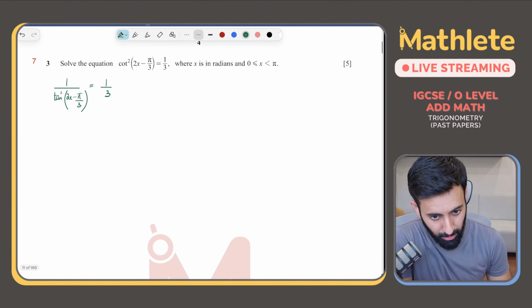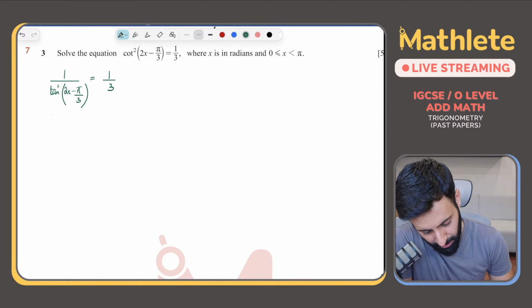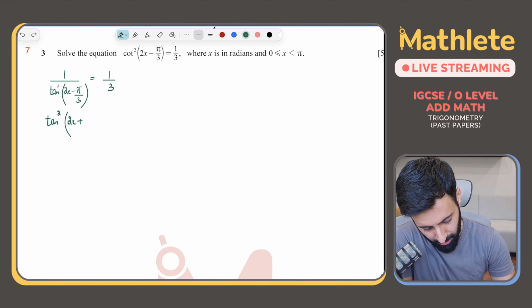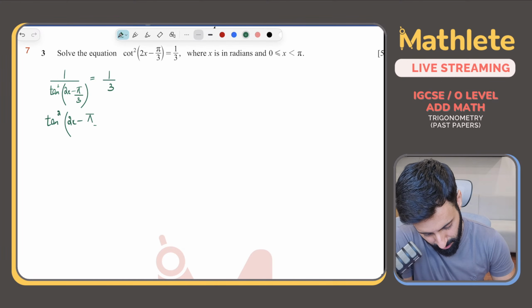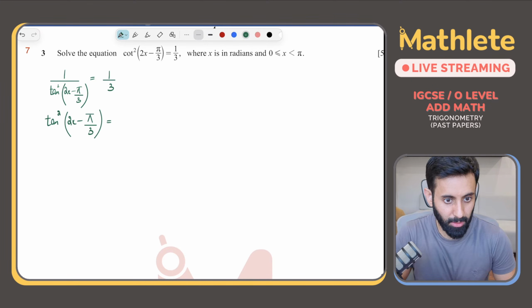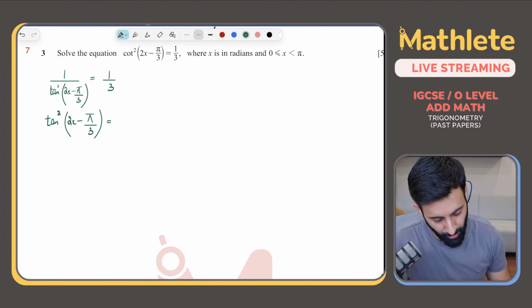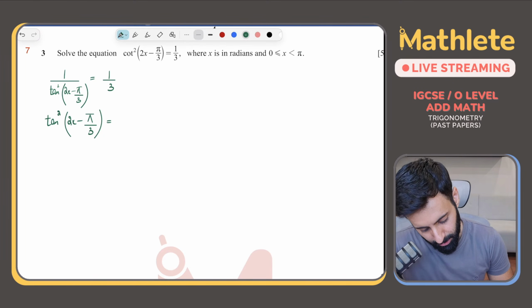All right. Now, let's cross multiply. So we are looking at tan square (2x minus pi upon 3) equals 3.